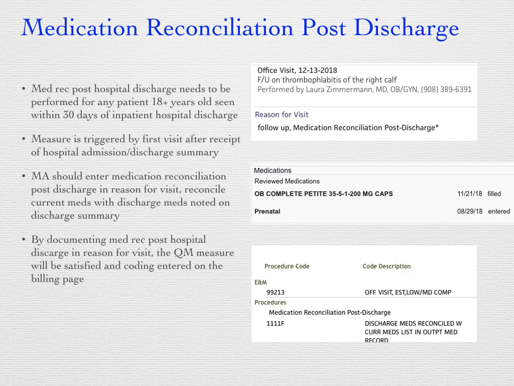The MA should add medication reconciliation post-discharge to the reason for visit. Medications prescribed at discharge can then be reconciled with the currently taken medications. Entering medication reconciliation post-hospital discharge in the reason for visit satisfies the QM measure and adds coding to the billing that this measure was performed.